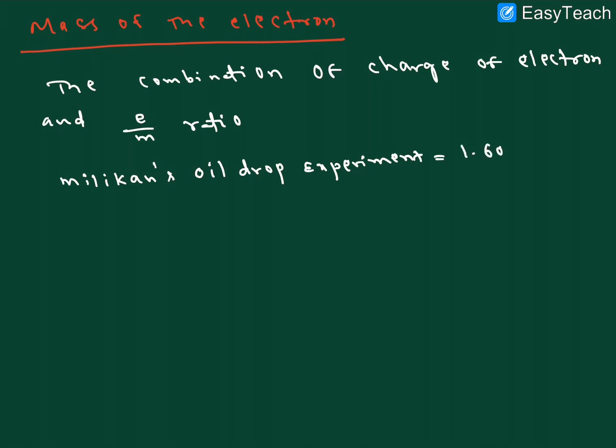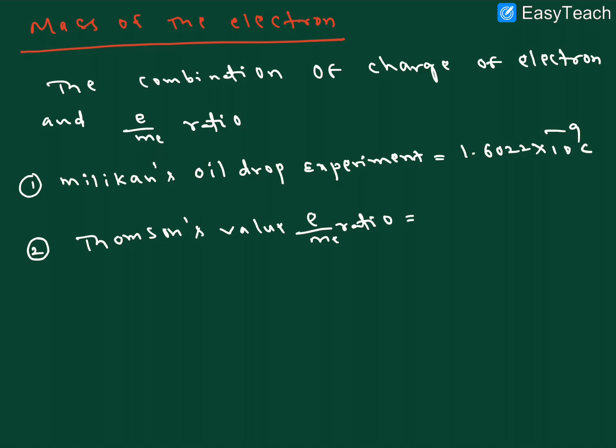So what is the charge of electron here? 1.6022 into 10 to the power of minus 19 coulombs. This is the charge of electron. What is the e/m ratio?